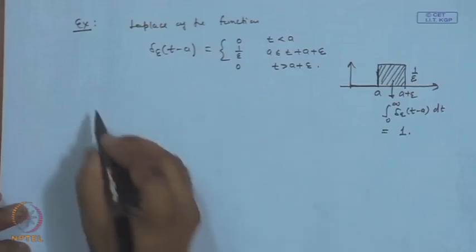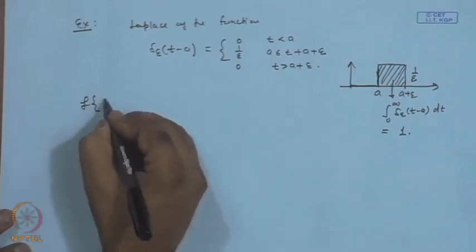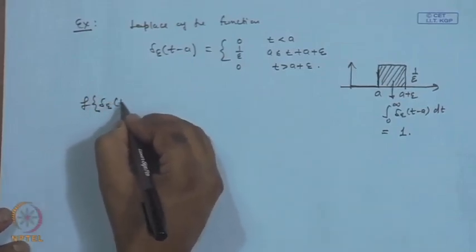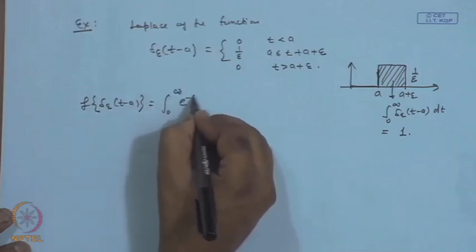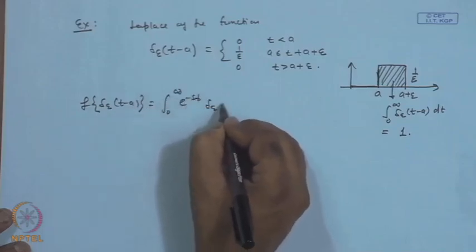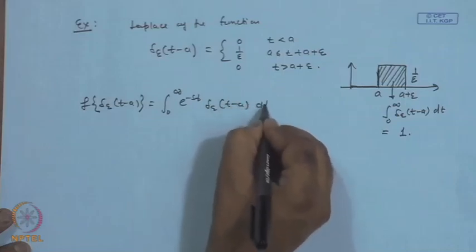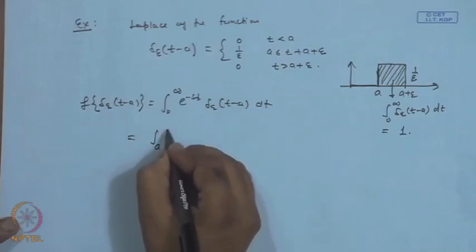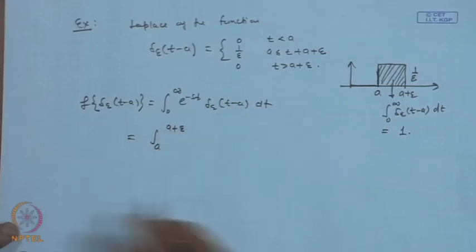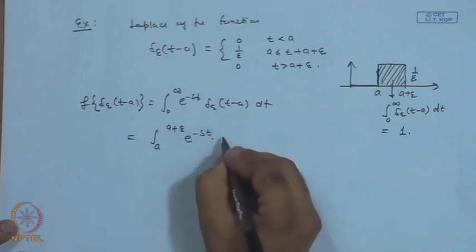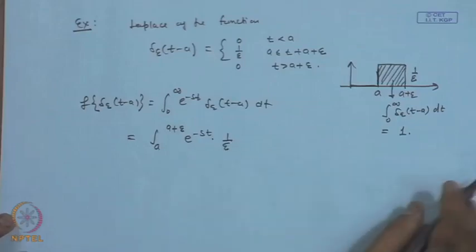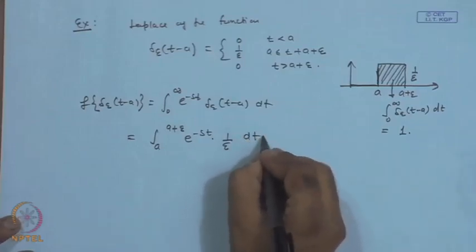This is the property of this function, and if you want to get the Laplace of this function, this is the integral from 0 to infinity of e to the minus st delta epsilon (t minus a) dt. So, this is a to a plus epsilon e to the minus st, and this is defined as 1 over epsilon dt.